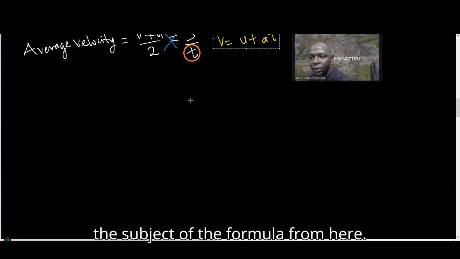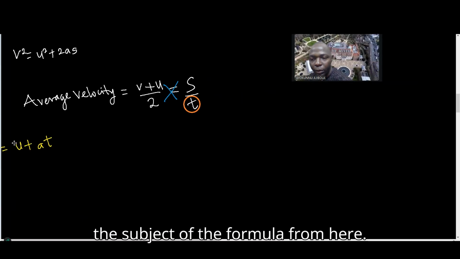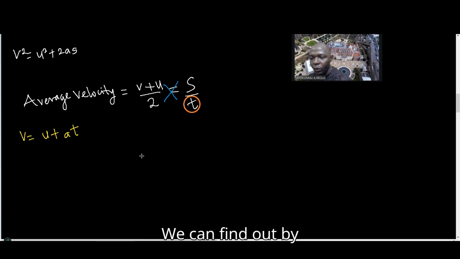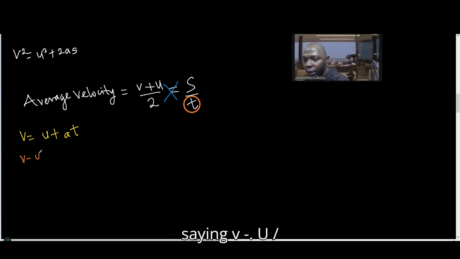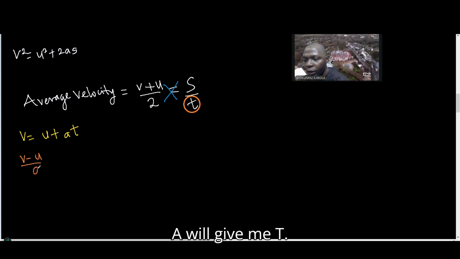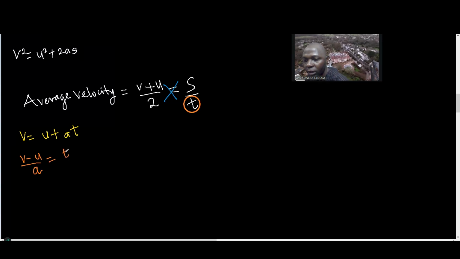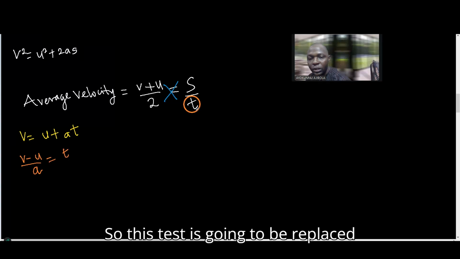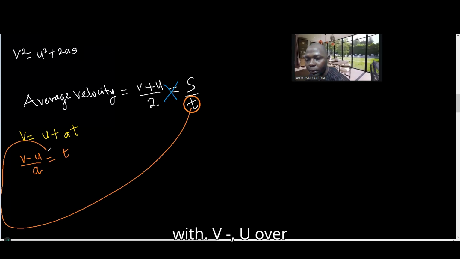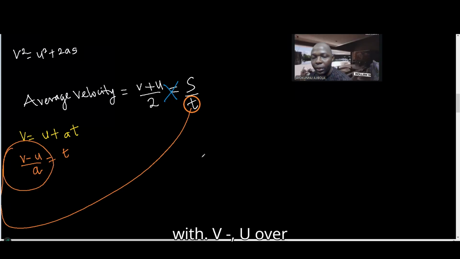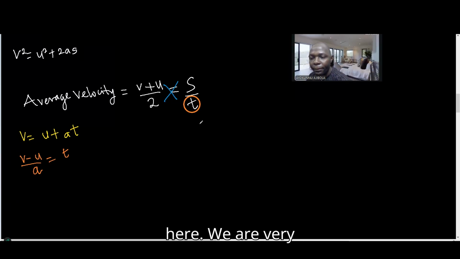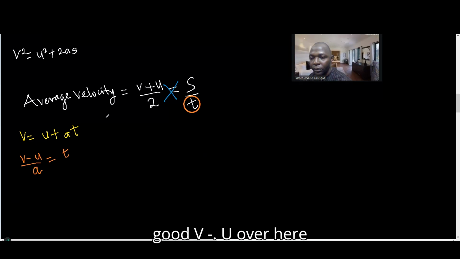We'll make t the subject of the formula. From here, we can find our t by saying v minus u over a will give me t. So this t is going to be replaced with v minus u over a.